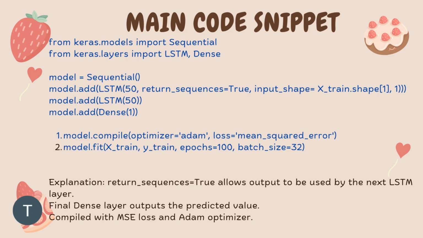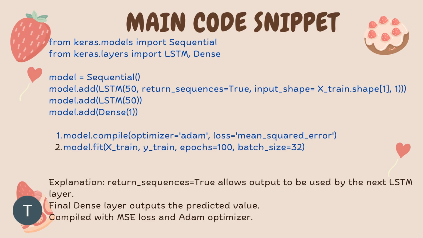Here we can see the explanation of the code snippet, where return_sequences=True allows output to be used by the next LSTM layer, and the final dense layer outputs the predicted value.